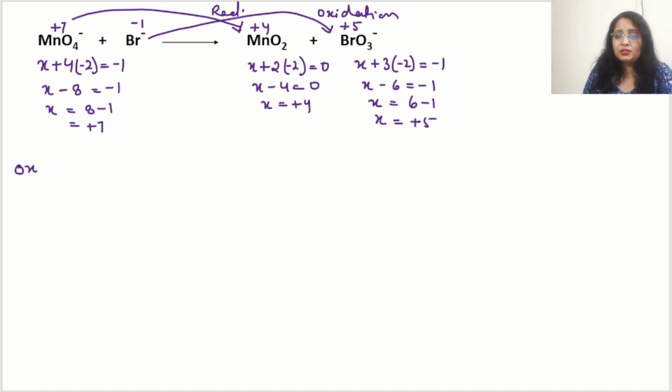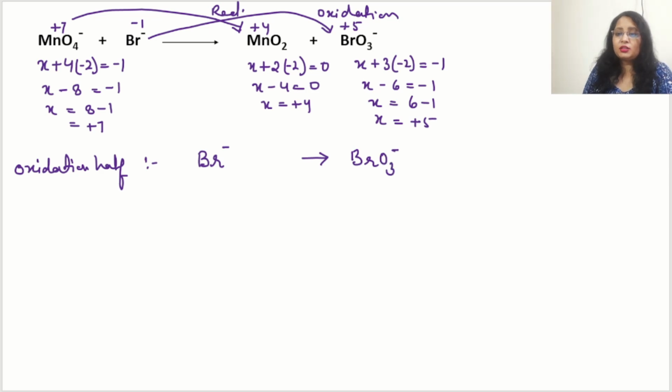The next step is the oxidation half reaction, that is, where oxidation is going on, in the bromine part. So we will write Br minus, and it will give BrO3 minus.